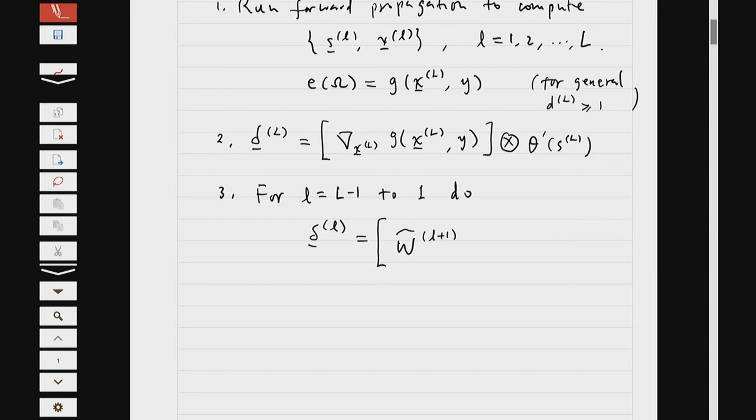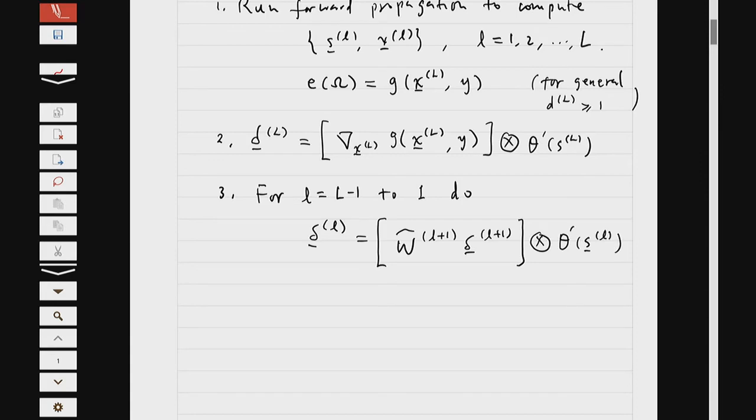It's been a few days, so you might not remember this exactly, but this is what it is. You use the delta from the previous layer, multiplying the big matrix of weights. Now you have a vector, and then you do pointwise multiplication again by the theta prime at this current layer.